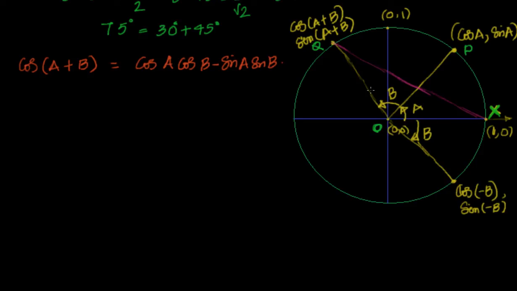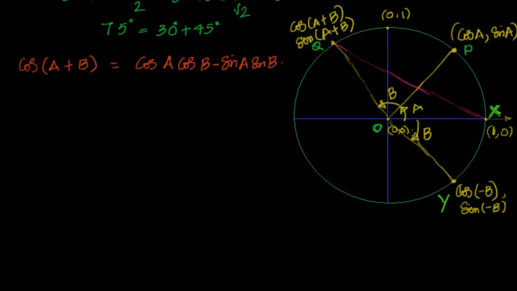That means two sides and the included angle are equal. The included angle is A plus B. Now let us take this triangle PO and, oh, I don't have a name for this. Let me put some name. I will say this name is equal to Y. Okay, so you look at this POY, the angle is again A plus B.